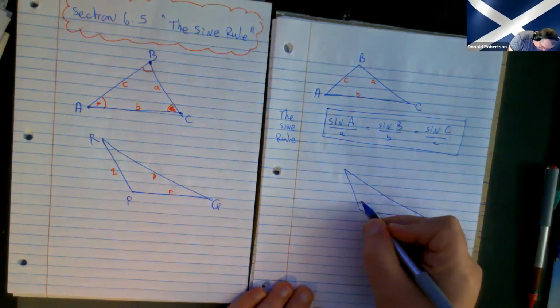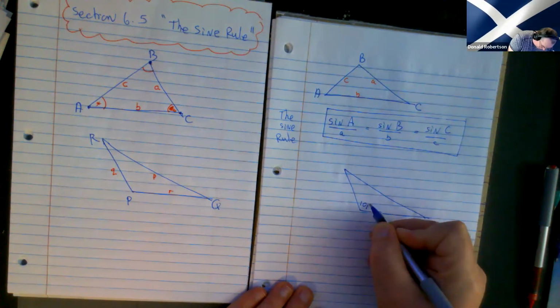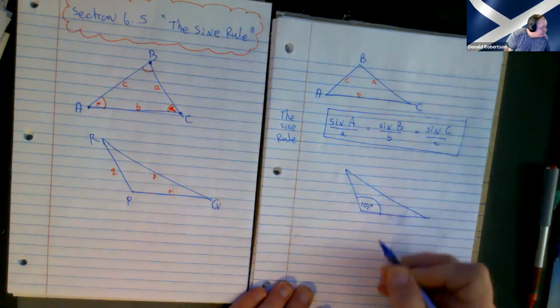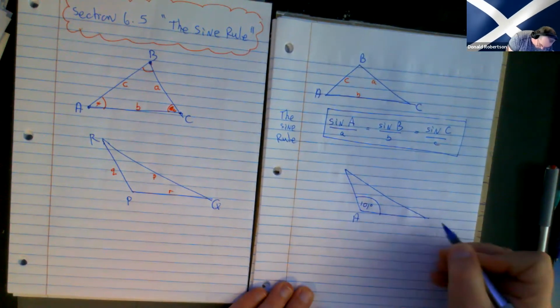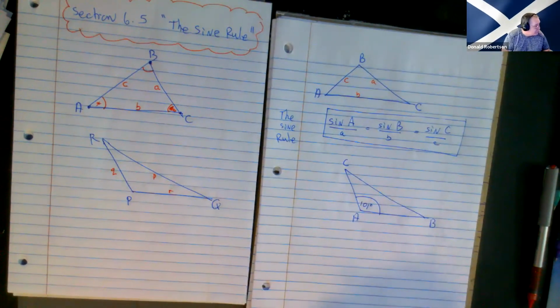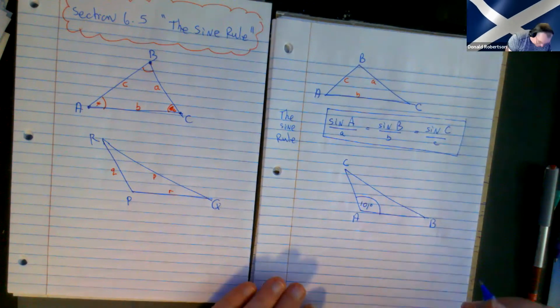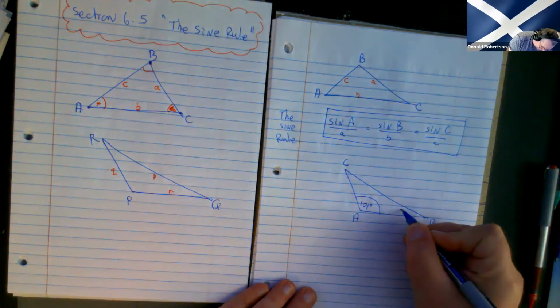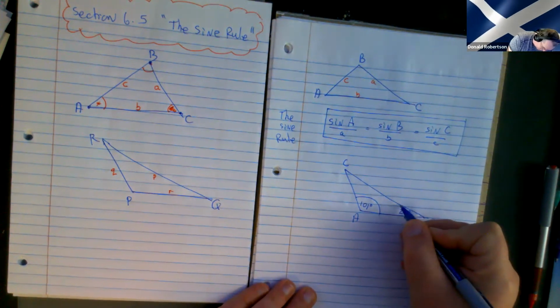Suppose I tell you that this angle here is 101 degrees. Oh, I have to have names. This is A, this is B, and this is C. So this is 101 degrees. Let's suppose I tell you that this angle here is 25 degrees.